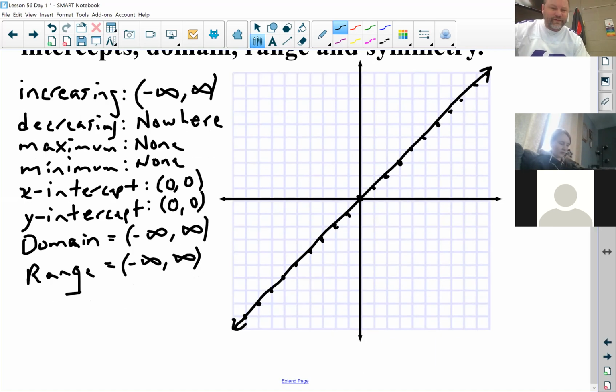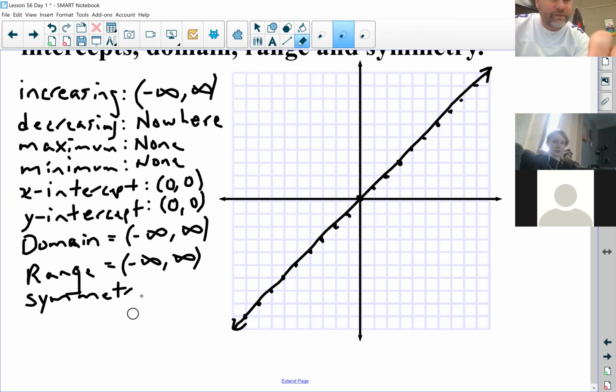All right, and then the last bit, does this have any symmetry?